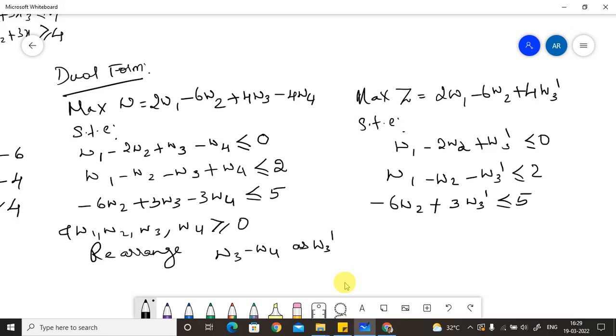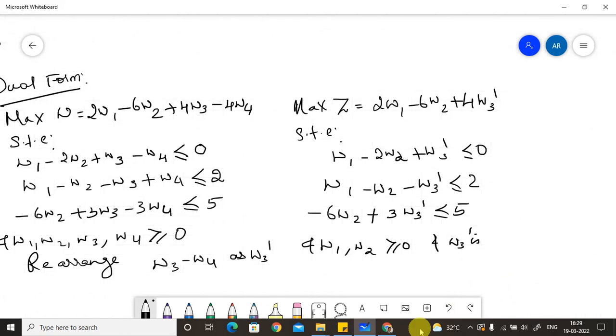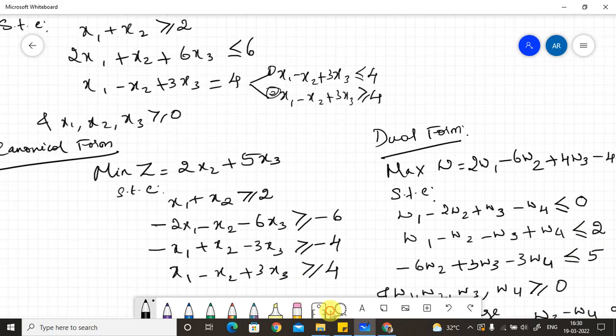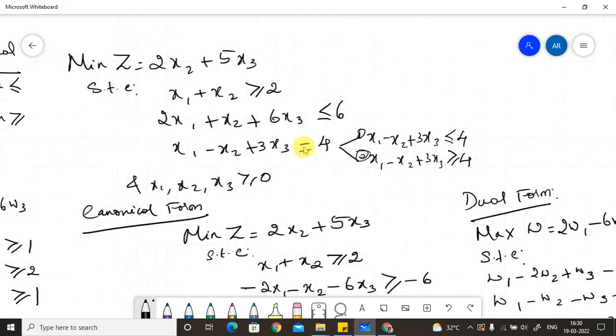So when I do that, w1 and w2 will be greater than or equal to 0, but w3 dash will always be unrestricted. So we'll write w1 and w2 both greater than or equal to 0, and w3 dash is unrestricted, because in the third constraint, as per the question, we got equal to 4 here.